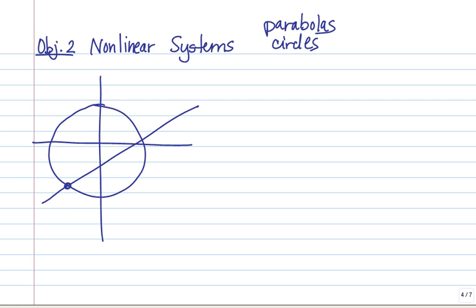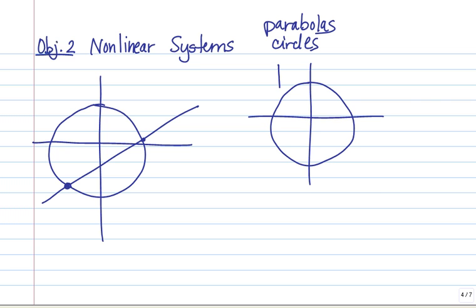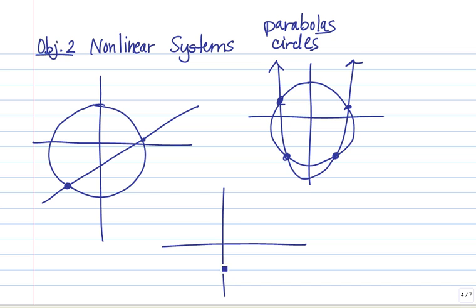So you might have two solutions. Or you might have a circle and a parabola where there might be 4 solutions. Or you might have a parabola and a line where there's no solution.